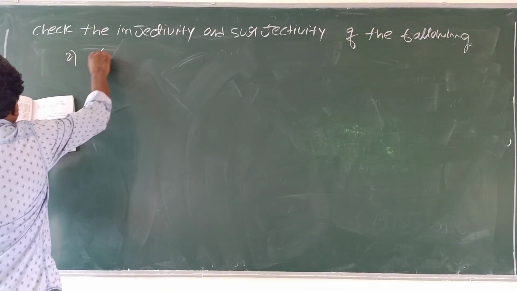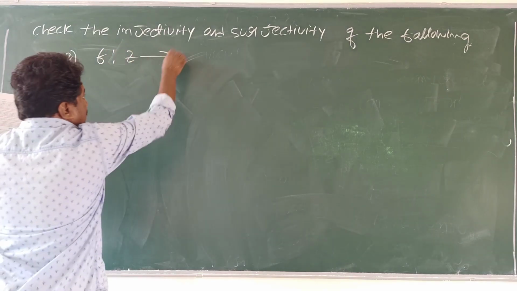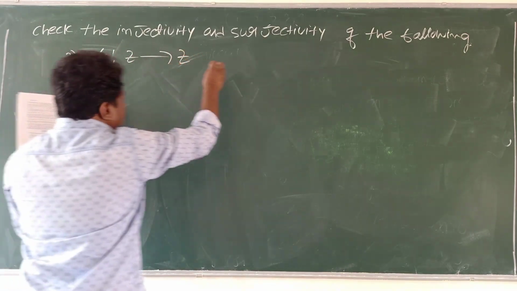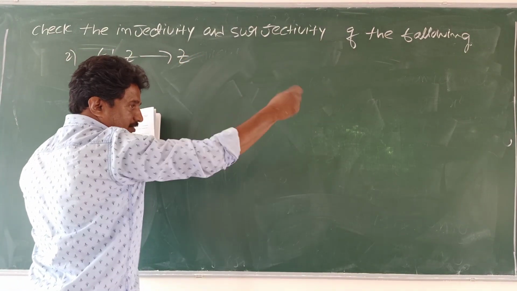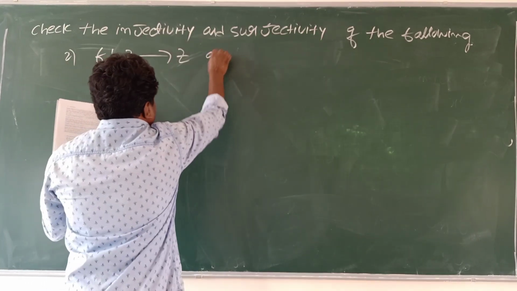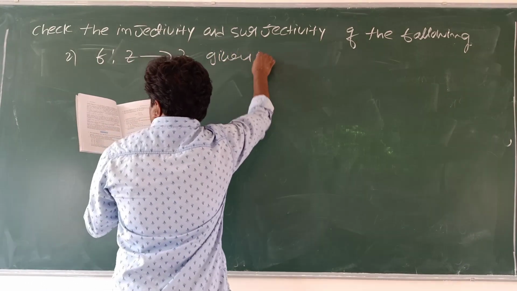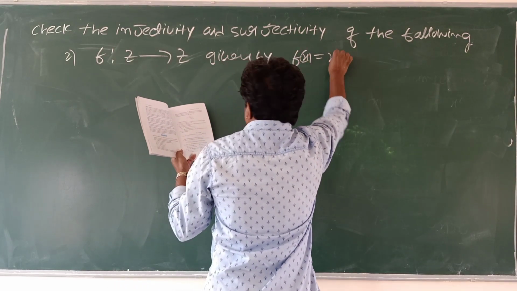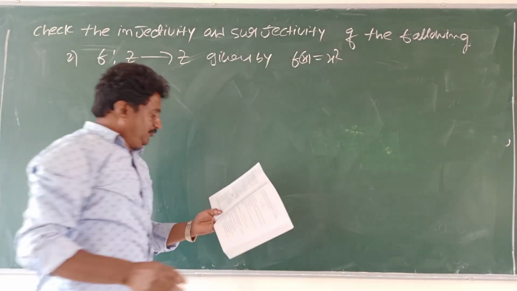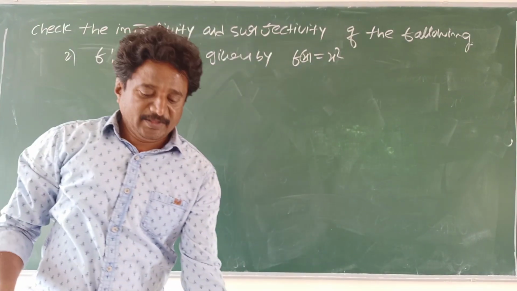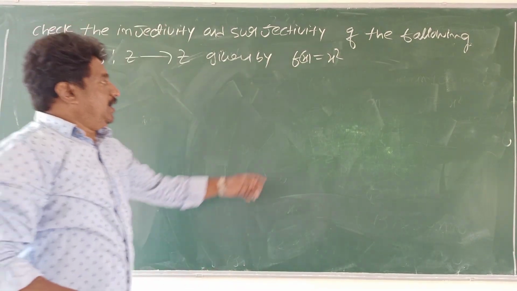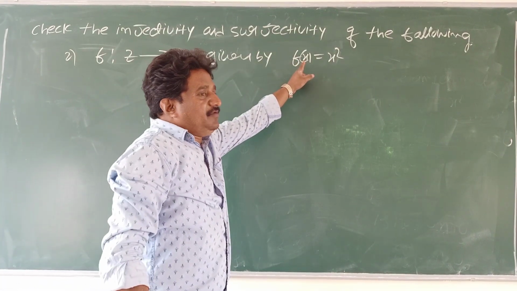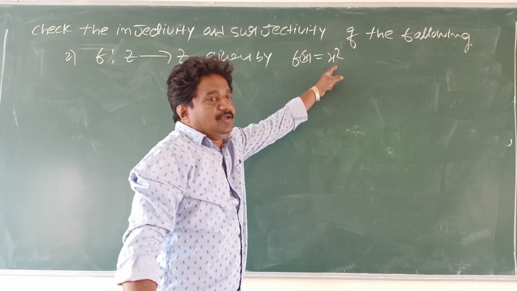Second question. f from Z to Z given by f(x) equals x square. Look at this, friends. Again we have f(x) equals x square.